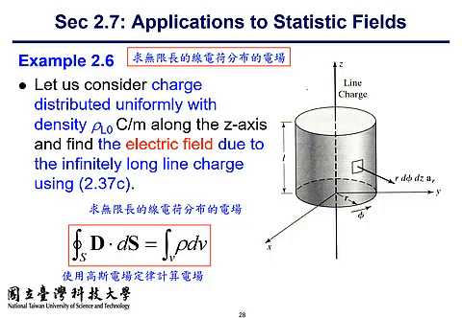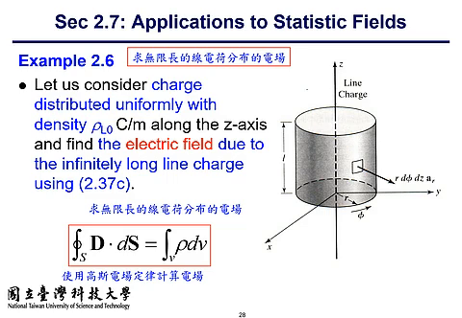Alright, then we will, for the rest of section 2.7, demonstrate the power of Maxwell equation using 3 examples. First example, example 2.6, asks you to calculate the electrical field due to an infinitely long line charge.